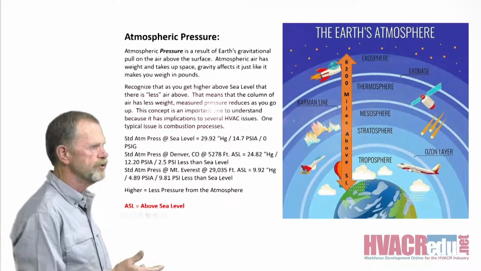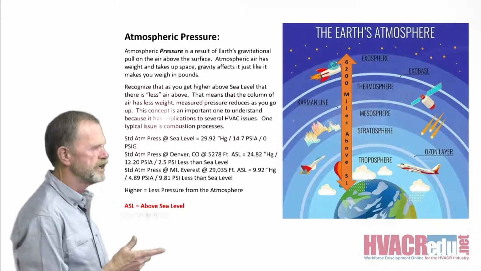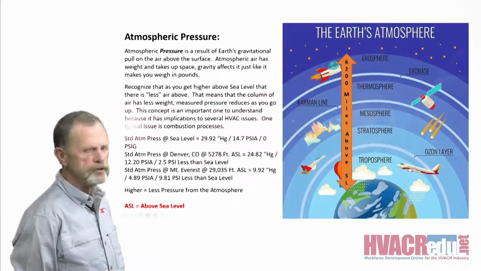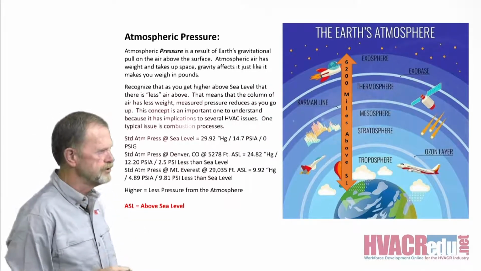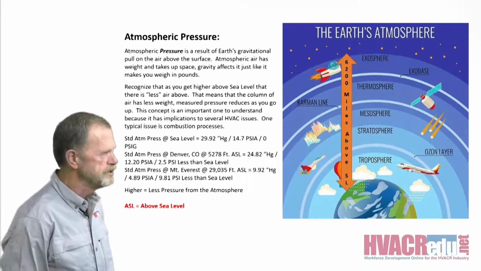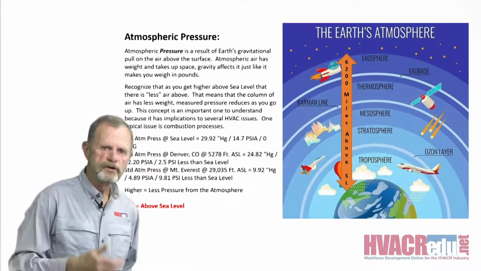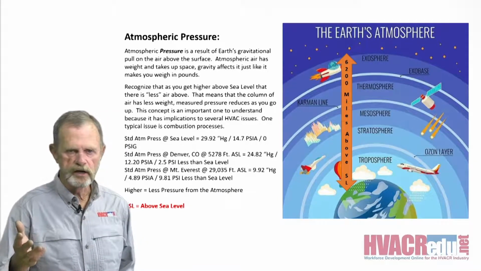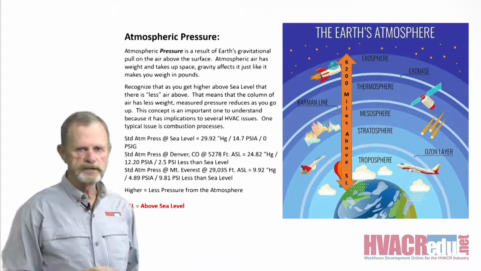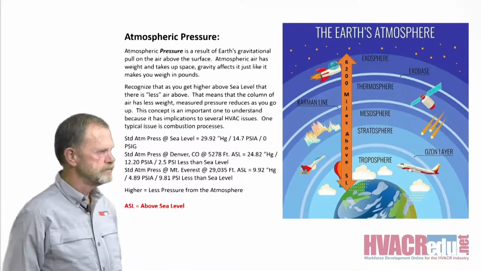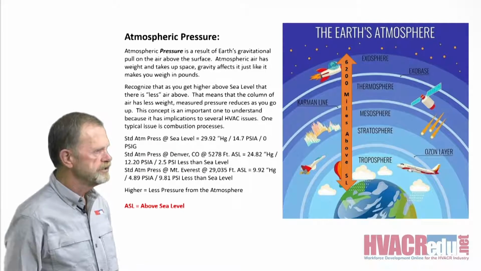This concept is an important one to understand because it has implications for several HVAC issues. One typical issue, as I mentioned earlier, is the combustion process. There is a difference in a combustion process at sea level versus, for instance, Colorado, like Denver, the mile-high city, because you're higher up in the atmosphere. Okay? And I'll give you some examples here.